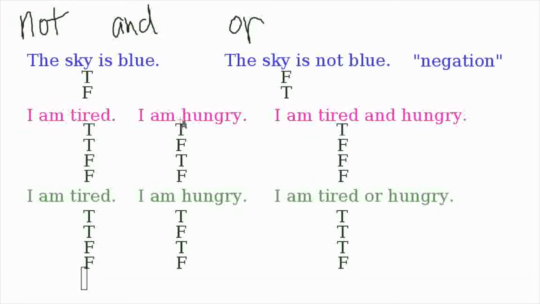So you see there that the only way that the or case could not be true is if both parts are not true. All right. So that's the way not and or work in statements regarding their truth values. Okay. Now, I also want to talk about what are called conditionals.